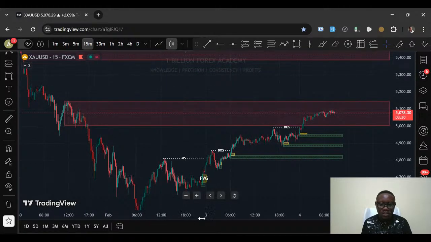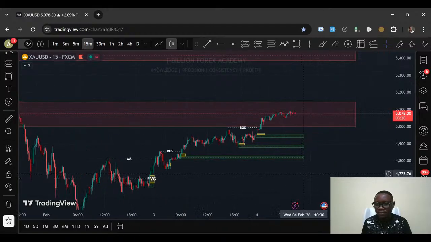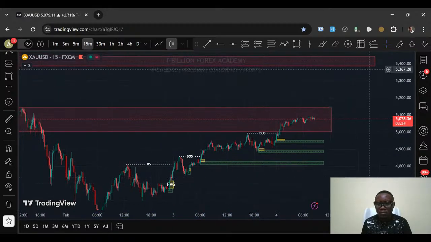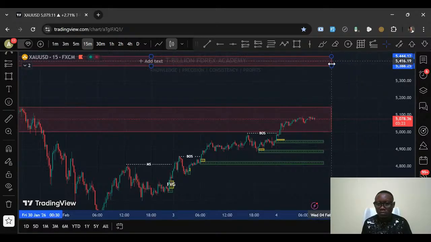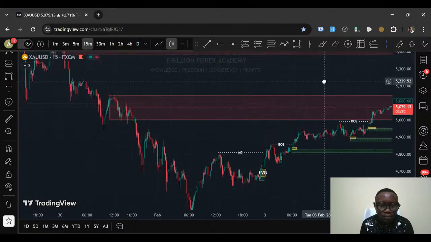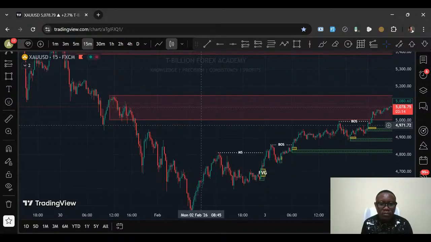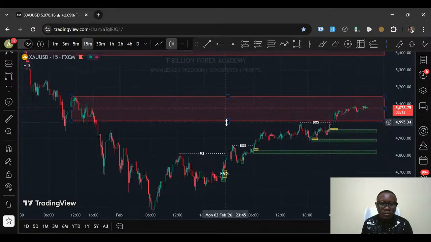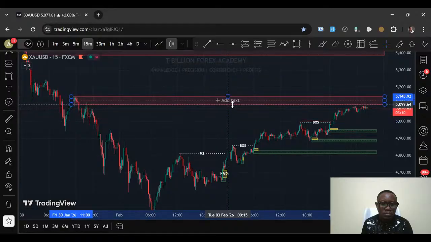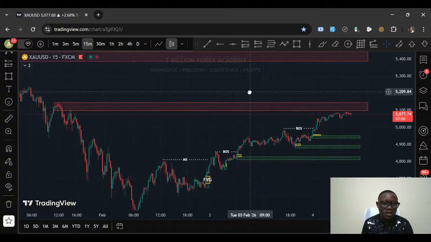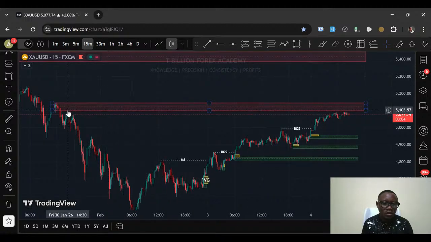So on the 15-minute time frame, all of this order block zone has been mitigated.